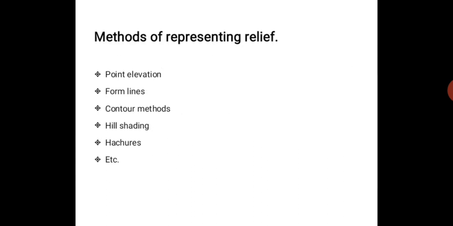Now, what are the various methods of showing these reliefs on the map? There are several of them, but we'll pick out a few here and discuss. You can get others by your personal research, and when we meet face to face, we can discuss them.